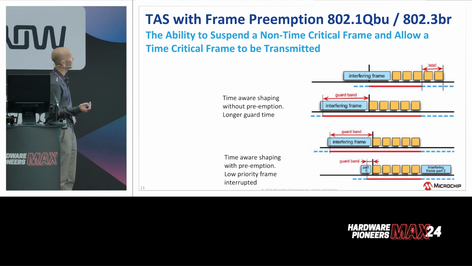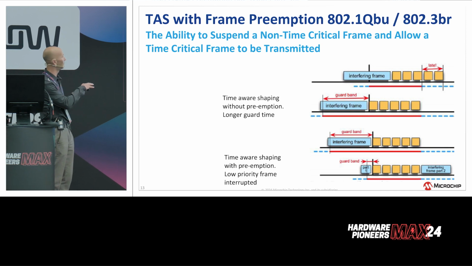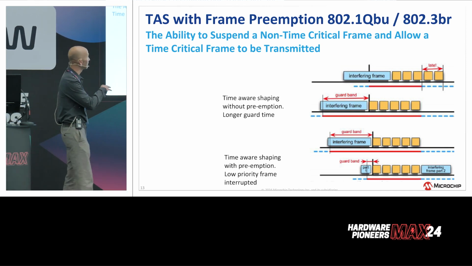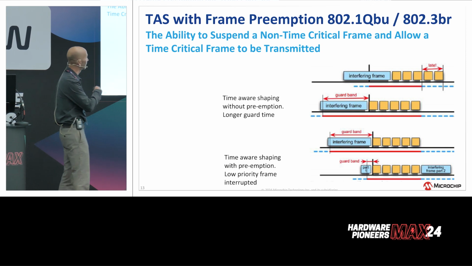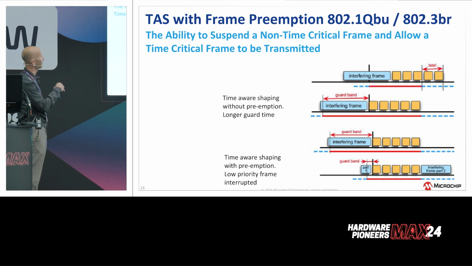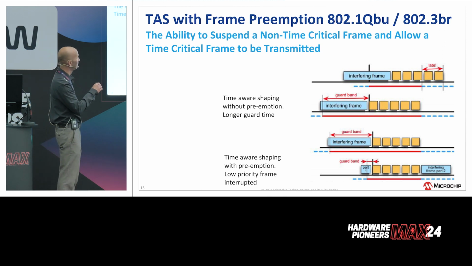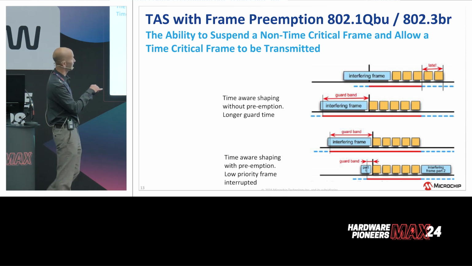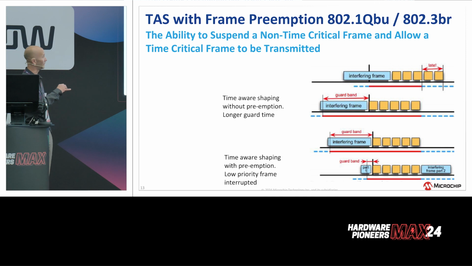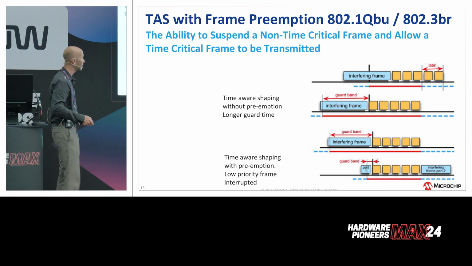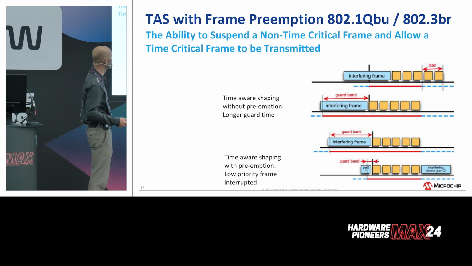But on the 2nd, 3rd, and 4th, we're using different techniques to preempt that interfering frame. Either send it before the time that the 5 other frames need to be delivered, or split it so that the blue interfering frame is split into part 1 and part 2, either side of the 5 frames that do need the scheduled time.